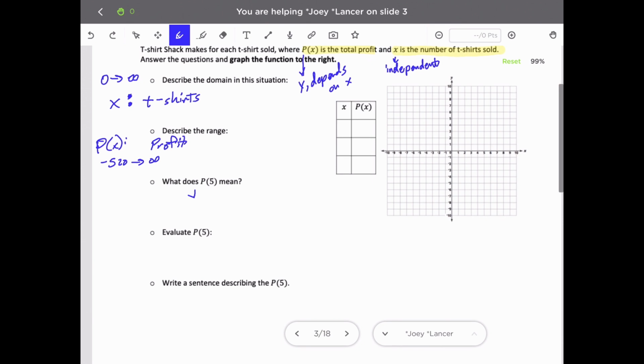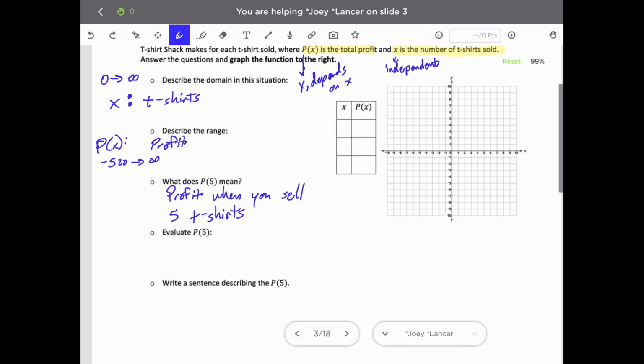And what does P of 5 mean? That's your profit when you sell 5 t-shirts. And so to evaluate, that means plug it in and see what you get.